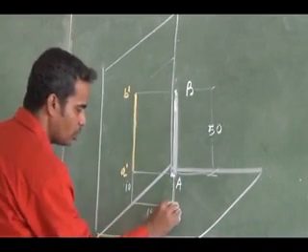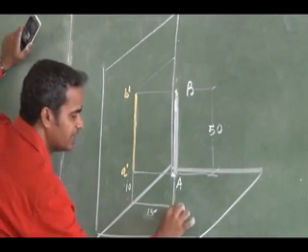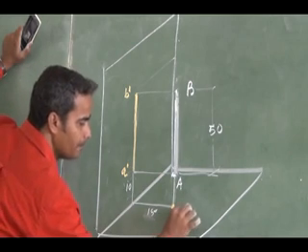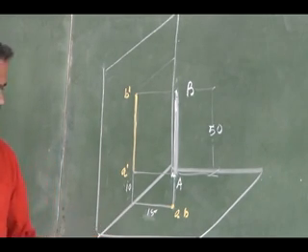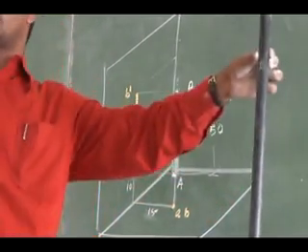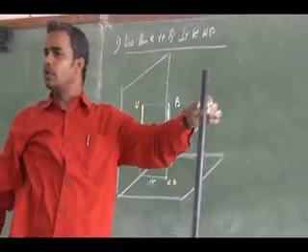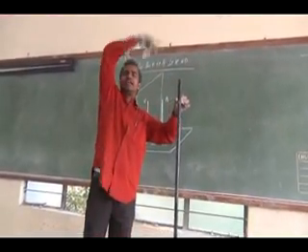The whole line will be seen as a point, I can see A and B both together as a single point. Now one more thing: I am looking at the straight line from the top. So this is my end A, this is my end B. Which end can I see?